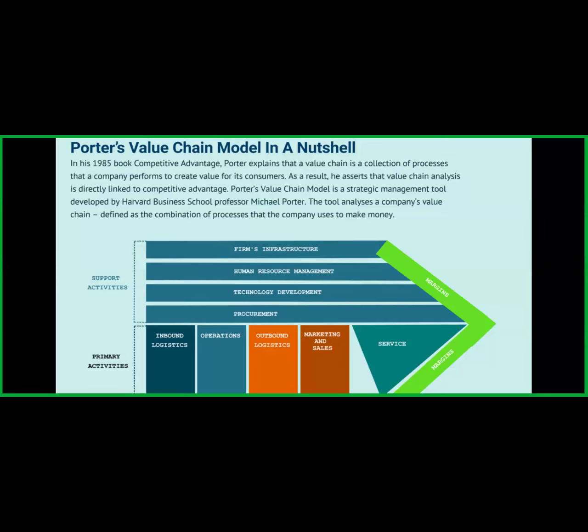Under inbound logistics and operations, that means how you are collecting the raw material and how you are using that raw material to make finished goods. If a product is there, that will be categorized under primary activity.